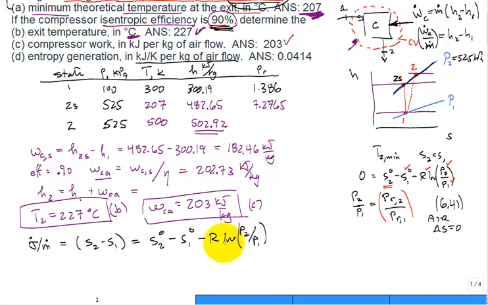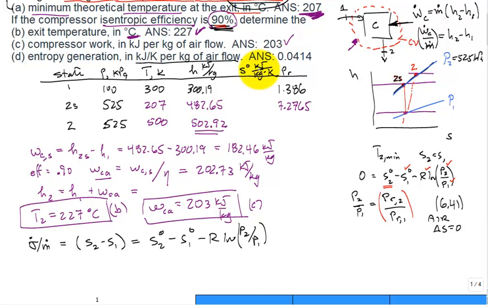So yes, we probably should have included that in our table. Let me try and do this. Just scoot that over, and put in the S naught column in kilojoules per kilogram Kelvin. That's the units.